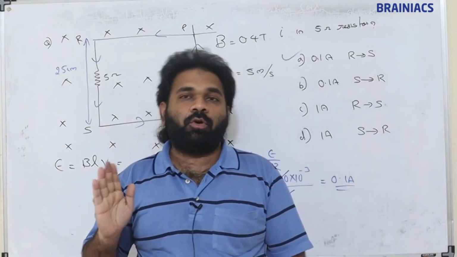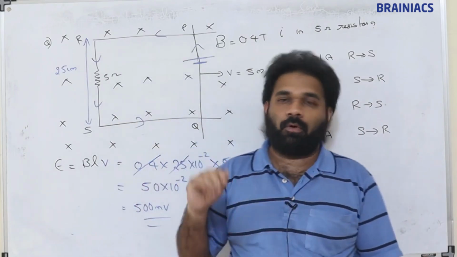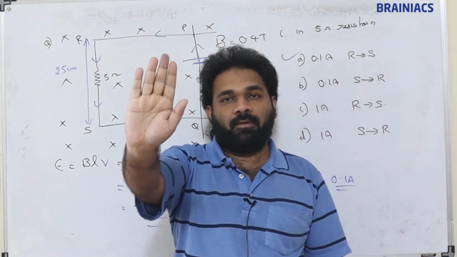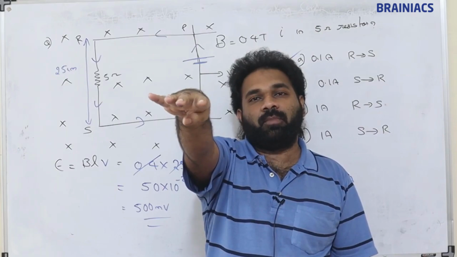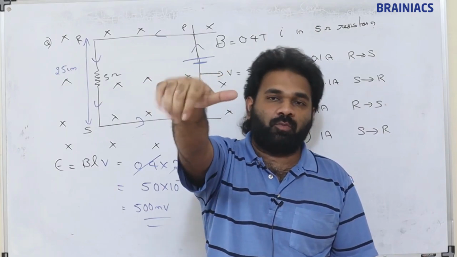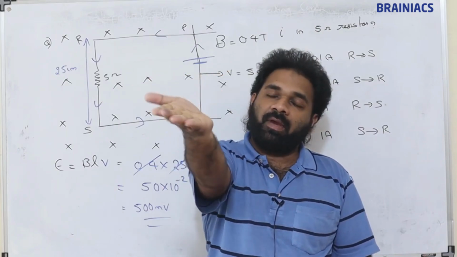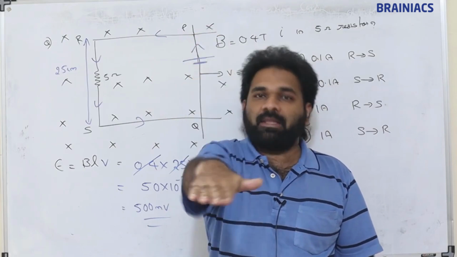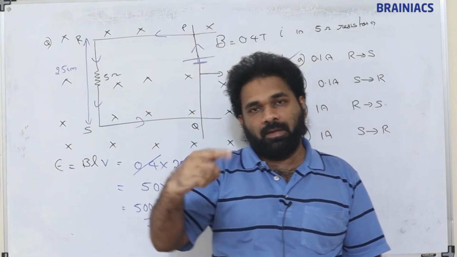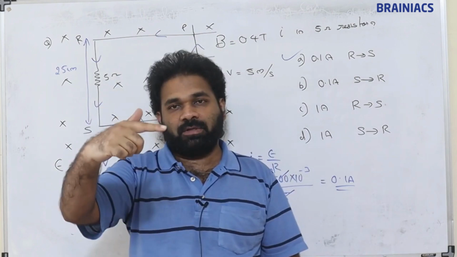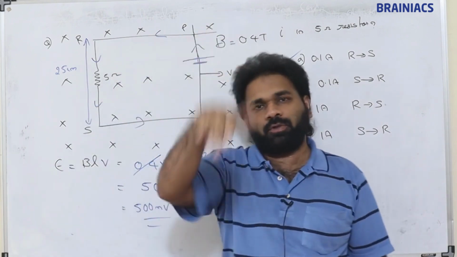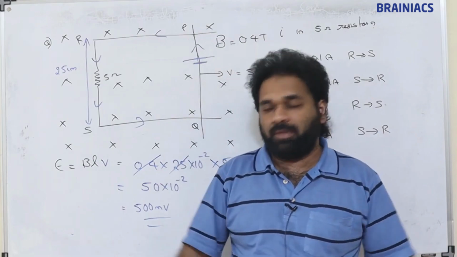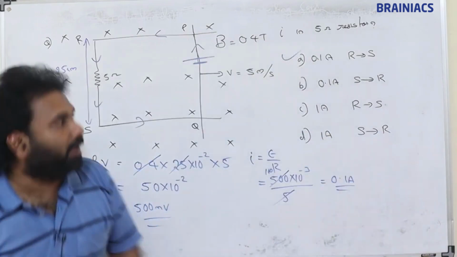Then the direction of EMF or current can be found by the right hand palm rule. The fingers are the direction of the magnetic field, the thumb is the direction of motion. Where the palm is showing, in that direction the first terminal should be negative and the next terminal positive. Hope this is clear.